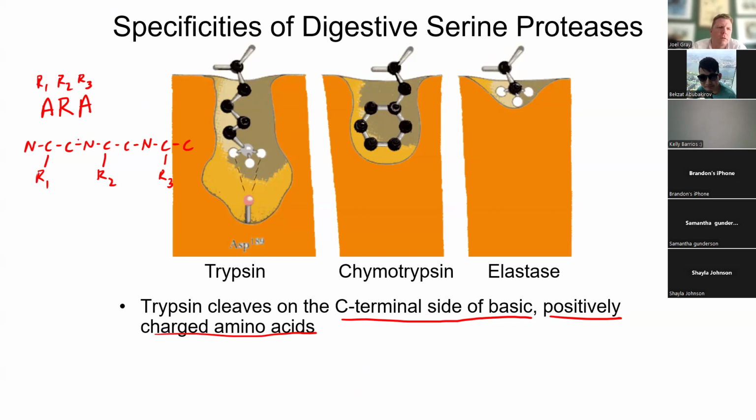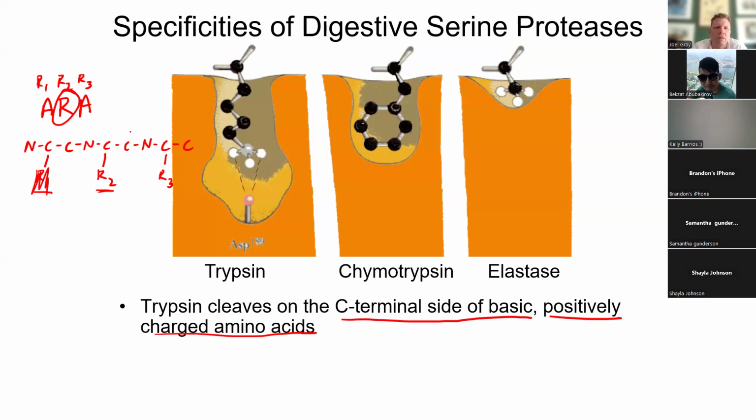Nope. So what trypsin's going to do is look at this first residue and say, okay, that first residue is not a positively charged residue, so I don't care. Now I'm going to go on to my next R group. My next R group happens to be an arginine. Okay, great. Now I'm going to cut on the C termini.